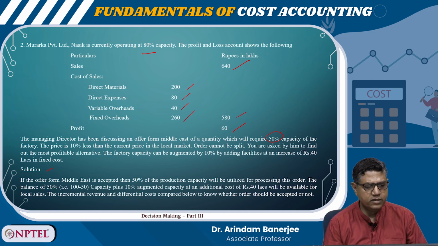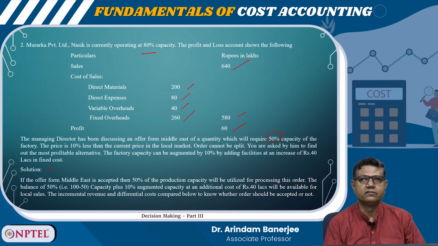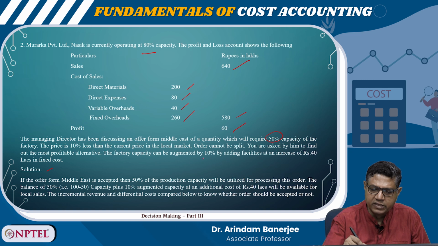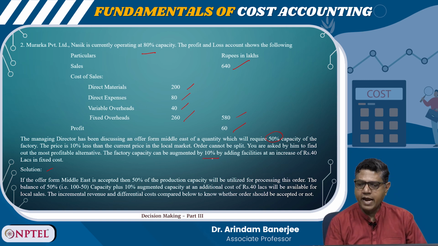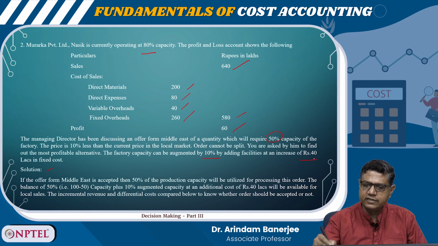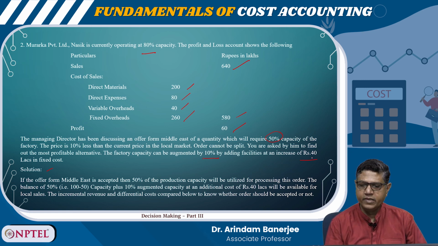So, processing this order, the balance of 50% capacity plus 10% augmented capacity, at an increase in fixed cost of 40 lakhs, will be available for local sales. So, now it is 60 plus 50.